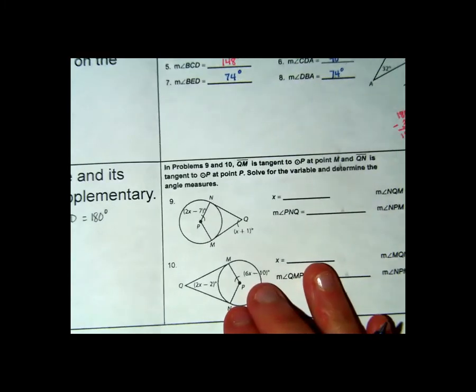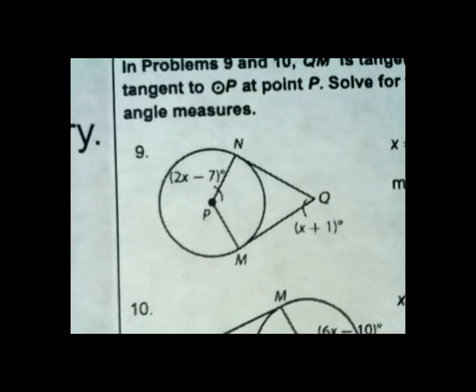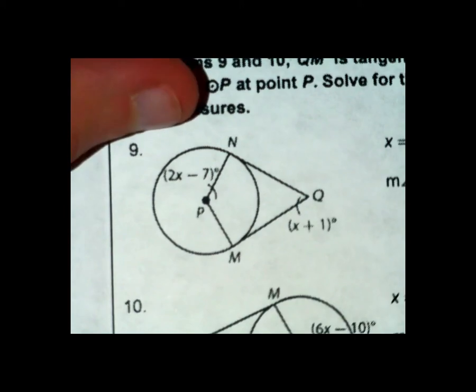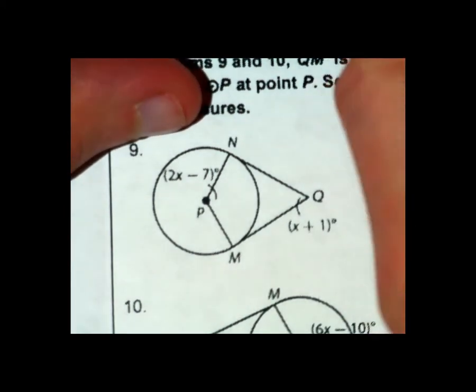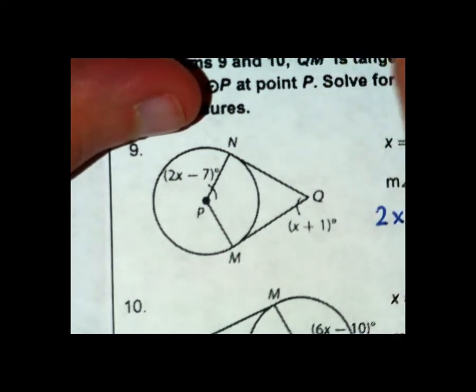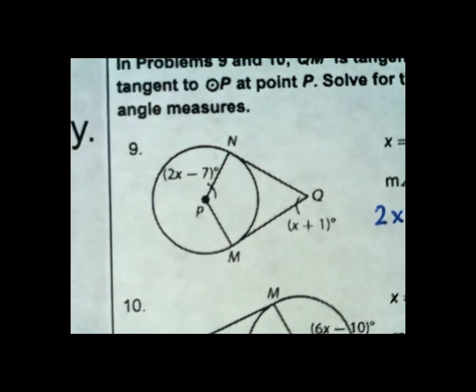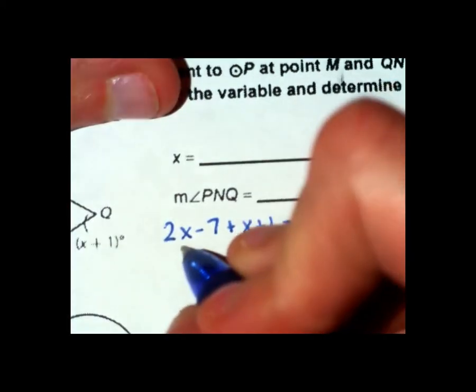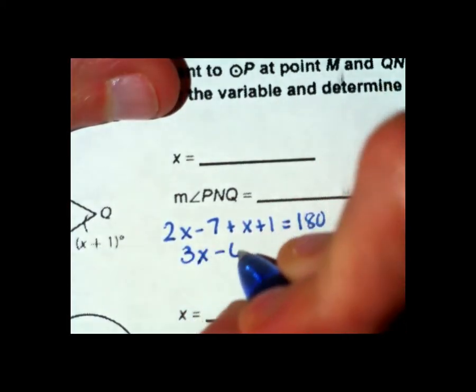Okay, number 9. First we have to find x. What is true about angle P compared to angle Q? So 2x minus 7 plus x plus 1 equals 180. There's not a whole lot of room here, I know that, and I'm sorry. Alright, so combine like terms and you get 3x minus 6 equals 180.